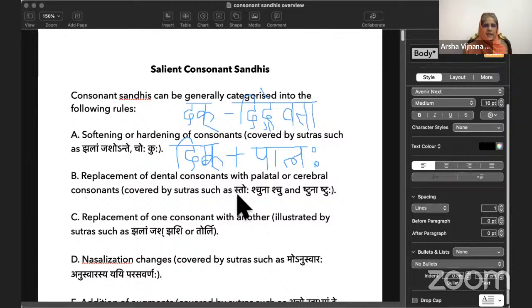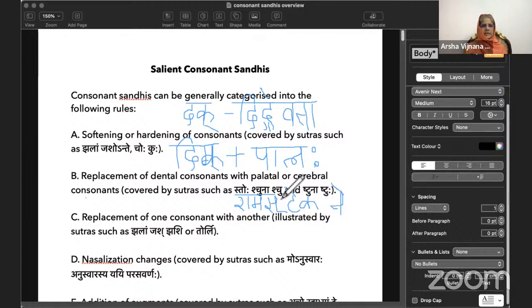So if we say Ramas tekate or something like that, then what will it become?